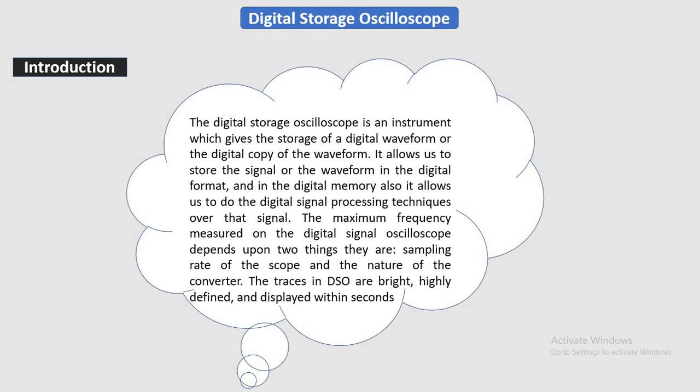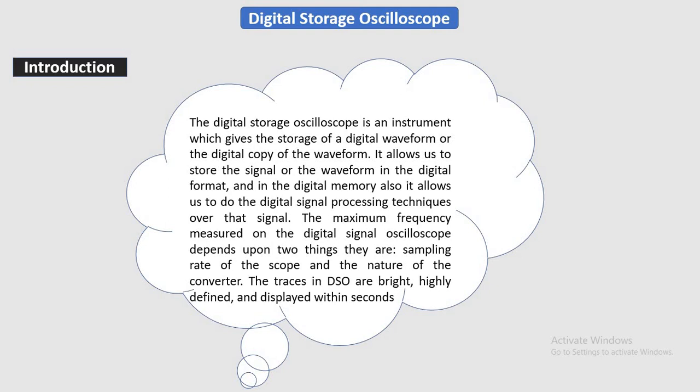So we can say the digital storage oscilloscope is an instrument that analyzes the signal digitally and stores the data in the electronic digital memory, and by examining the stored traces in memory, it can display visual as well as numerical values.